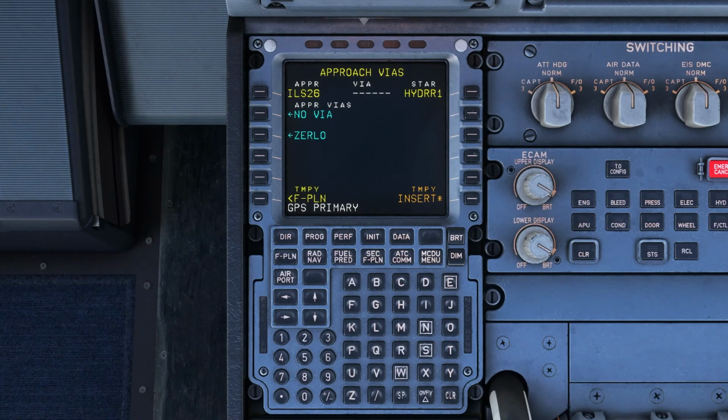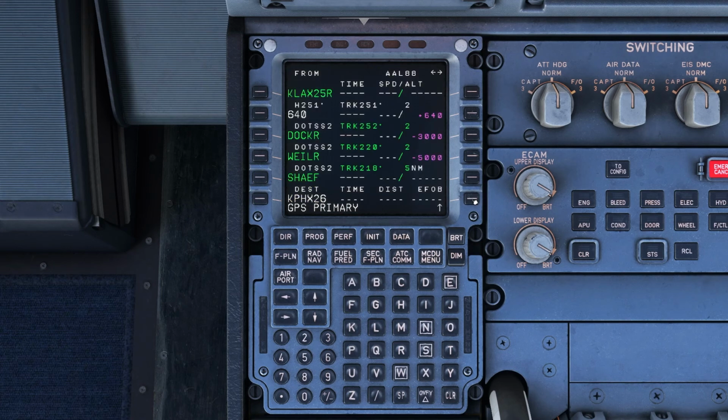Okay, so I will take this. Now, let's see what this looks like. Okay, so no VIA. None. Okay. So let's go ahead and insert, and let's see what this is doing.